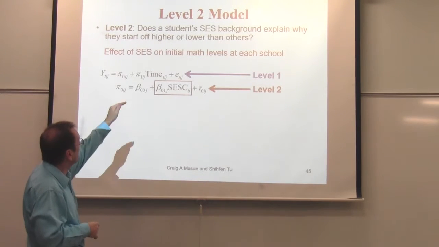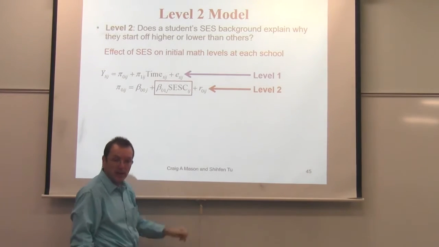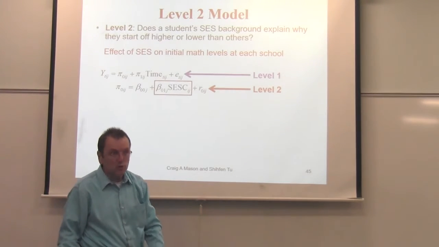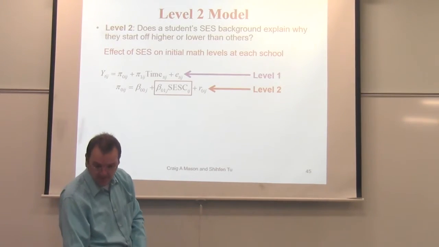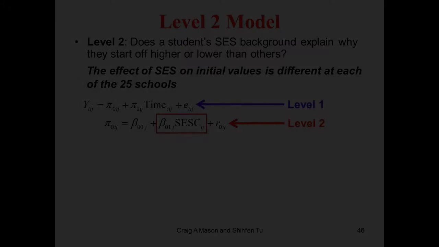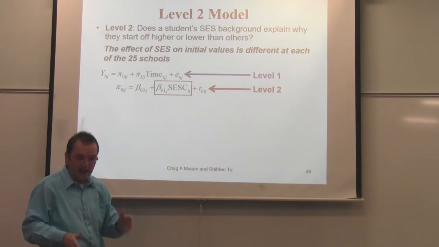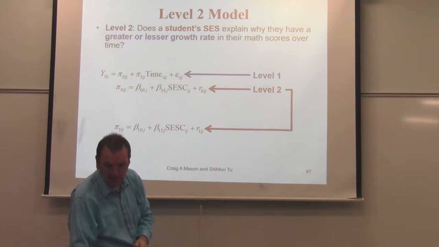How's SES related to whether they start off high or grow fast? Again, beta 01j is the effect that SES has on the initial values. So what's the effect of SES?